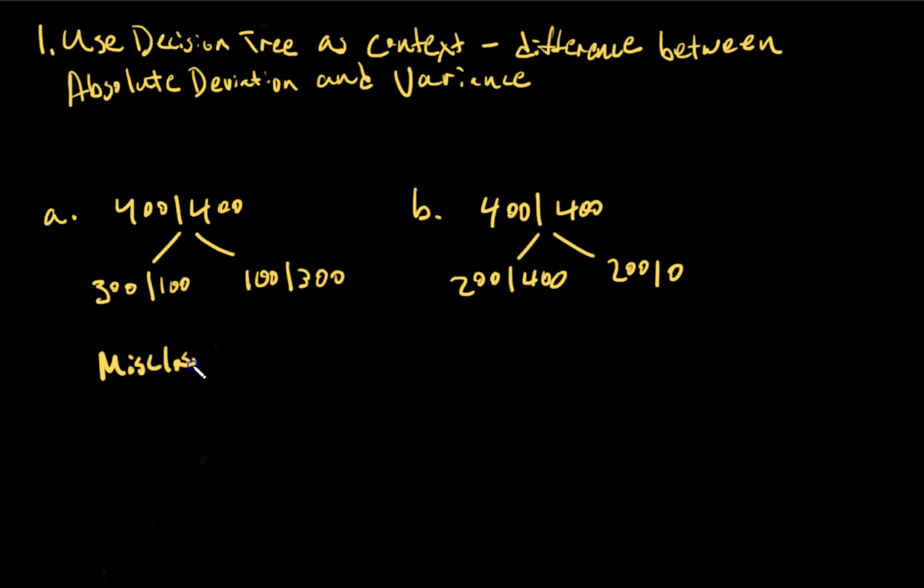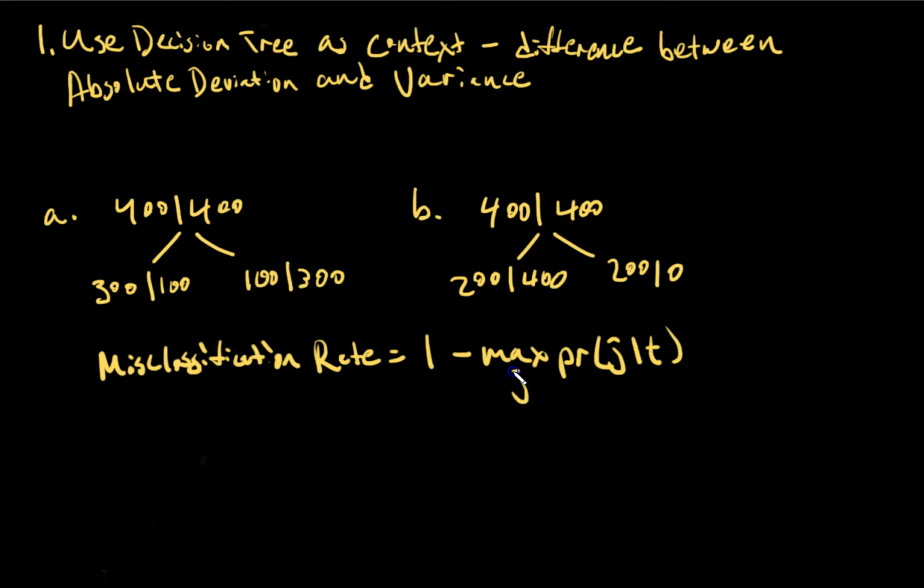Misclassification rate is equal to 1 minus the max of the probability of j given t. Okay, so what does this mean? Let's call this the misclassification rate at node t. So it's for a given node.